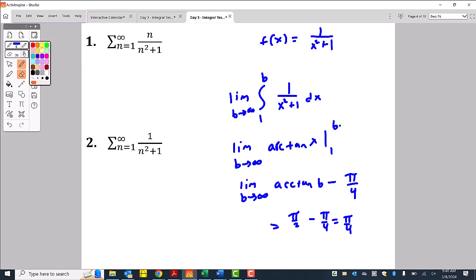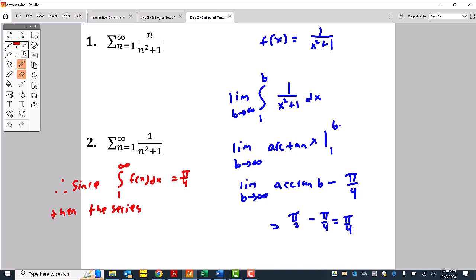Now let's create a statement for this. We say therefore, since the integral from 1 to infinity of f of x dx equals pi over 4, or you can say converges to pi over 4, either one will work, then the series also converges by the integral test.